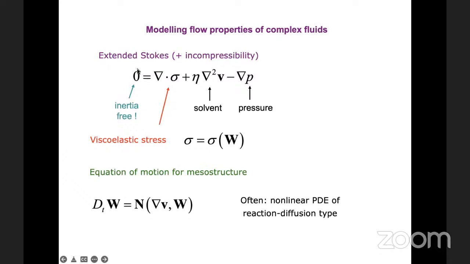The Reynolds number is small, and so typically we set the v dot grad v term, the inertial term on the left-hand side here, to 0, and so we then have not the extended Navier-Stokes equation, but just the extended Stokes equation on its own, extended here with a viscoelastic stress.